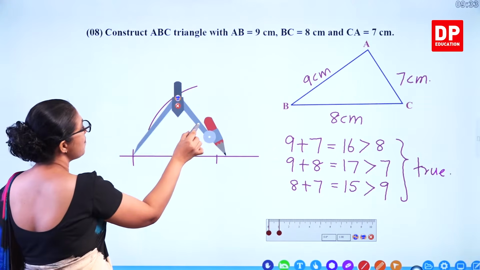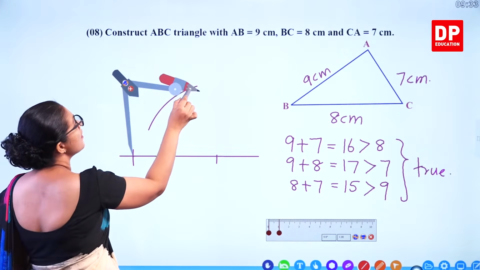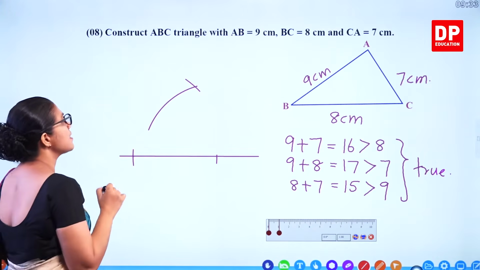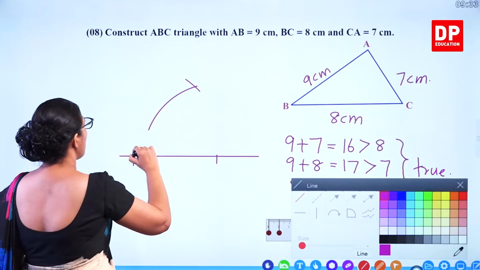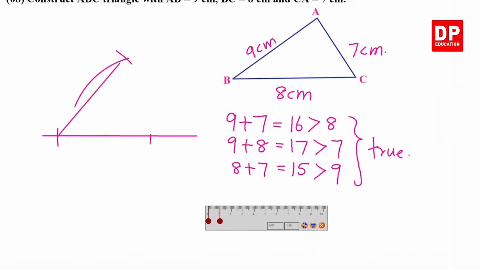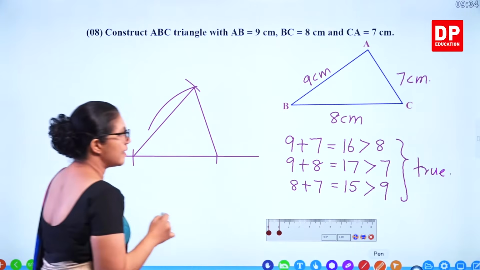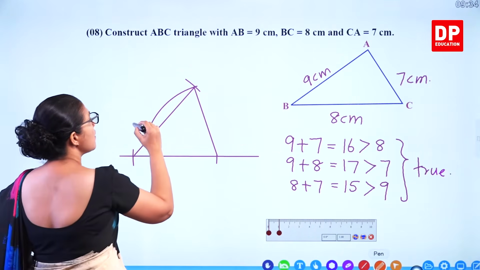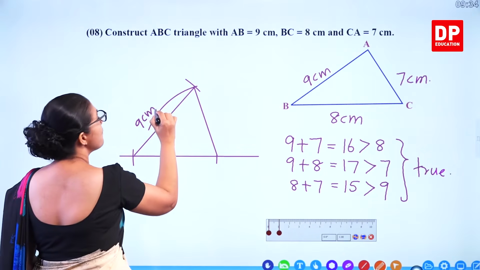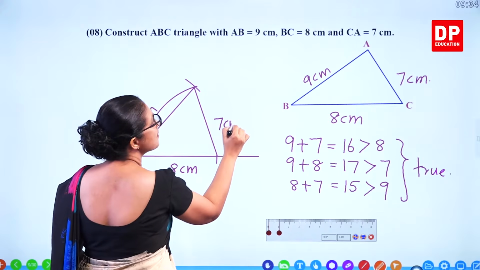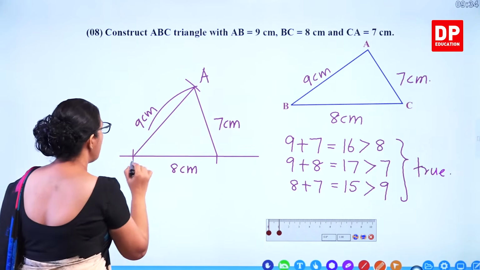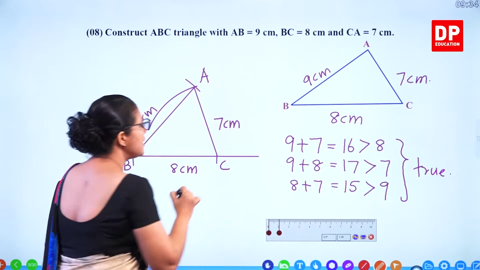The intersecting point becomes the other point. So here this is the intersecting point, that's A. Now we can connect the 3 points, here to here, here to here. So that's the scalene triangle. All lengths are not equal. So 9 centimeter here, 8 centimeter and 7 centimeter here. So that's ABC scalene triangle.